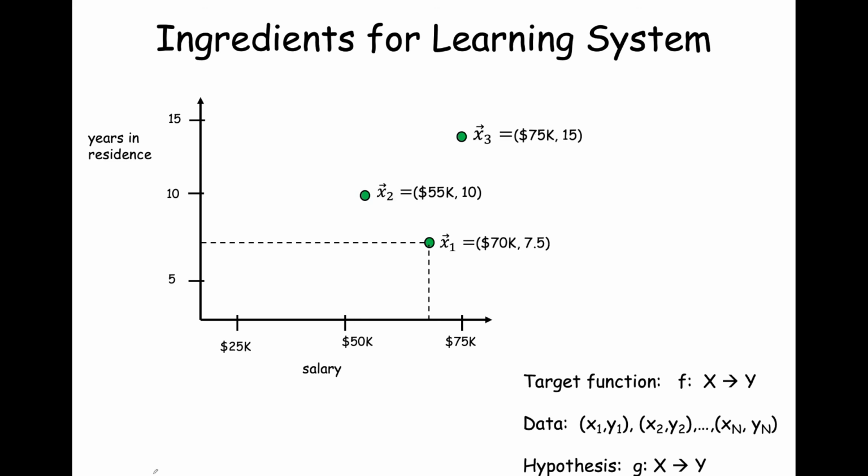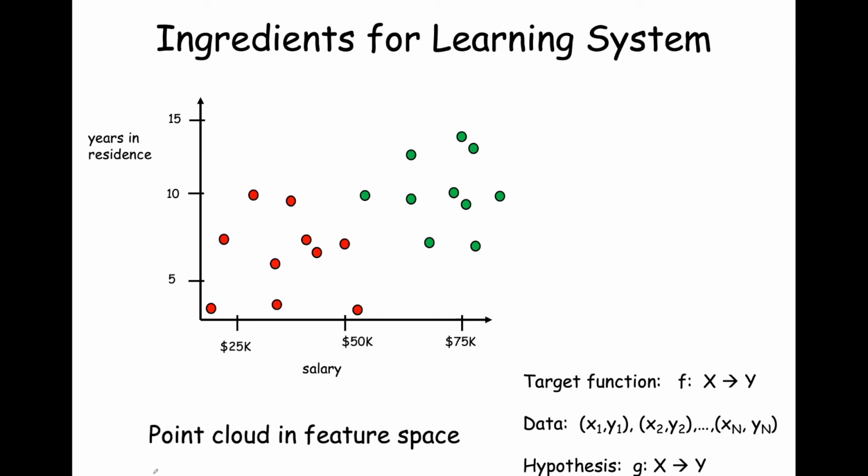And so each one of these is vector valued, and each one of these vector valued quantities would be formed from the information that a customer fills in on their credit application that they submit to the bank. And so if you can have 3, you can have some number n of these customer records. And so you have your data set of size n. So here is a data set, and you note that some of these points are colored green and some are colored red.